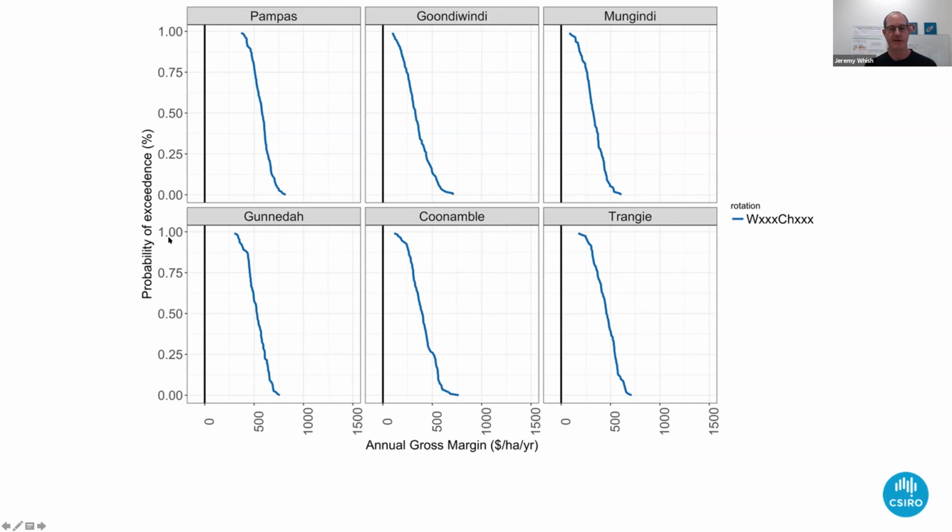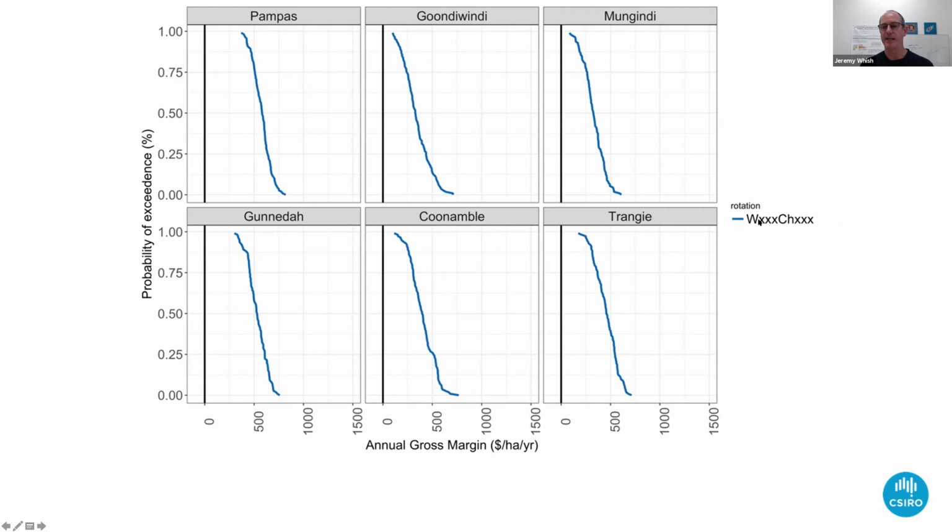I'm mainly going to talk across here. Pampas is just out of Toowoomba, with about 750 mil rainfall, so probably not that different to Inverell. Gundawindi, let's place it a bit like Moree, and then Mungandai is Mungandai.